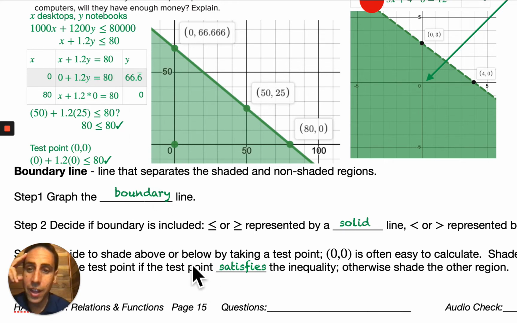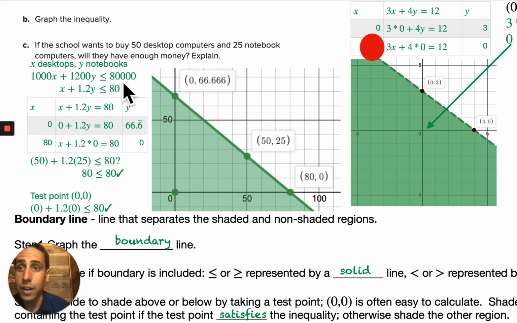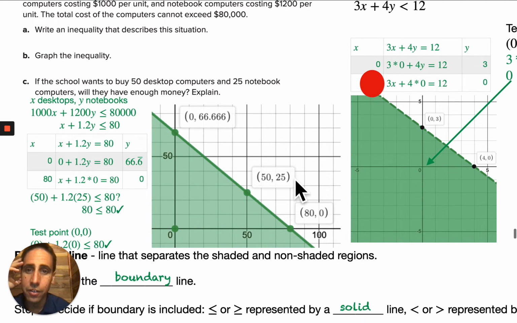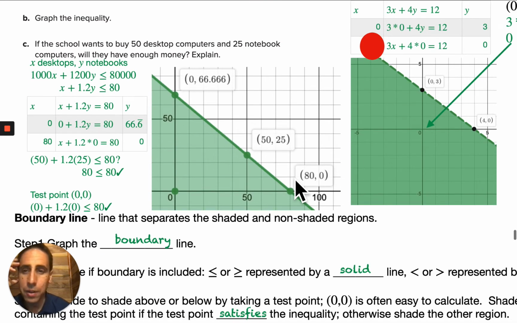Step 2, decide if the boundary is included. Because this is a less than or equal to symbol, or even if it were a greater than or equal to symbol, then it would be represented by a solid line. If the instructions in the question had said the total cost of the computers has to be less than $80,000, then you're not actually allowed to spend exactly $80,000.